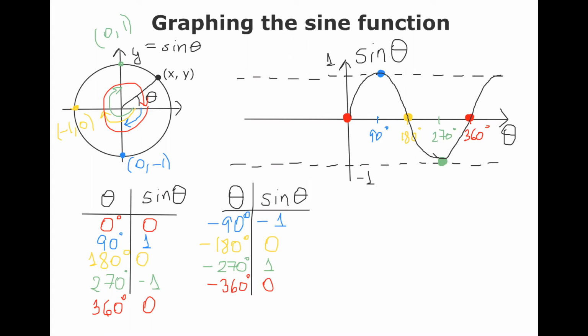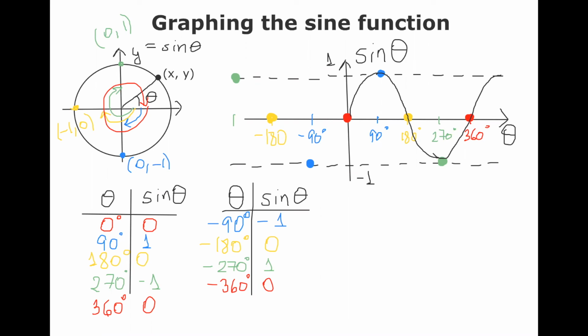So if I have -90 over here, -90 degrees, we're going to have the point -1 down here. If we have -180, we're going to have the point 0. And if we have -270, we're going to have 1, and so on and so forth.